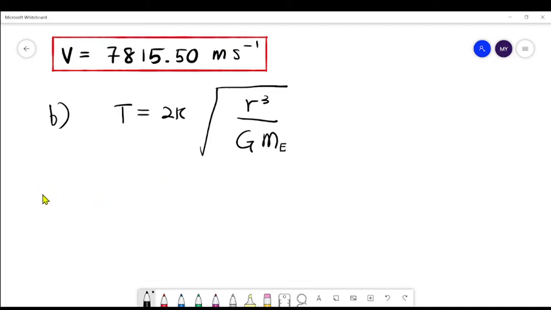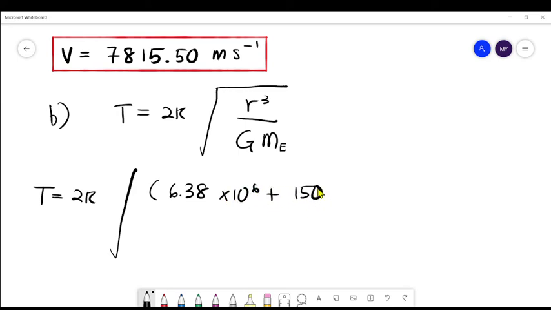So, kita boleh substitute information yang kita dah ada. T is equals to 2 pi square root of. Now, r itu adalah radius of the Earth, 6.38 times 10 to the power of 6 plus the altitude, 150 kilometer. Okay, itu r. Okay, jangan lupa cube kan.